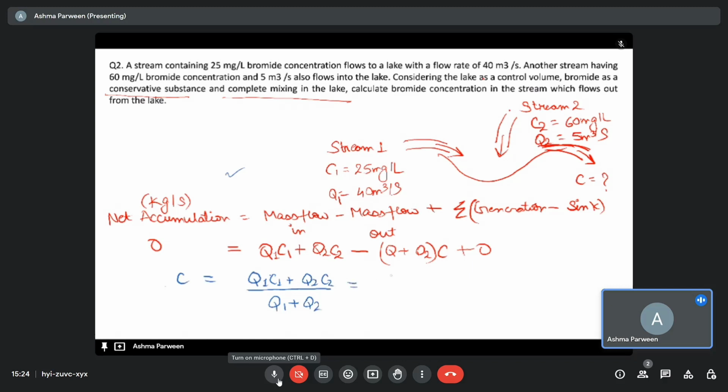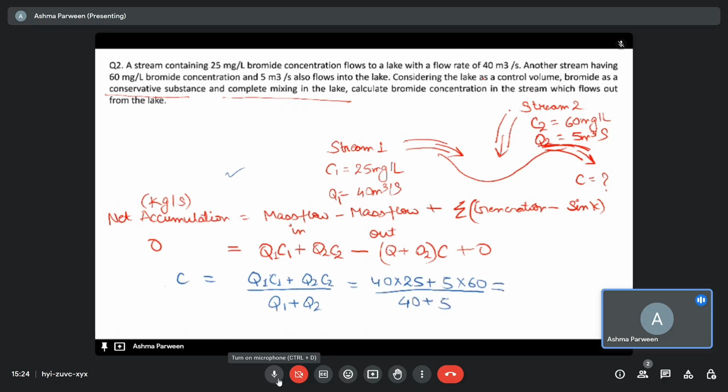So we have Q1 as 40, C1 as 25, Q2 as 5, and C2 as 60, upon Q1 plus Q2, that is 40 plus 5.